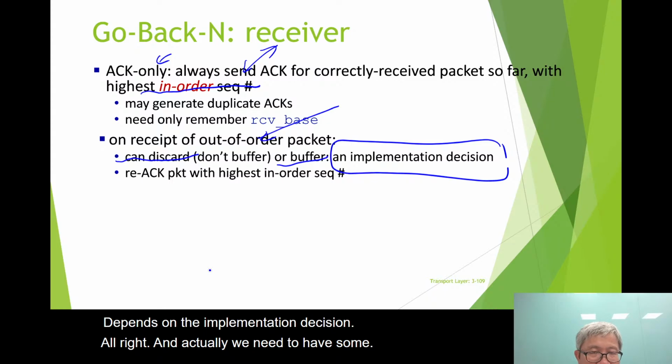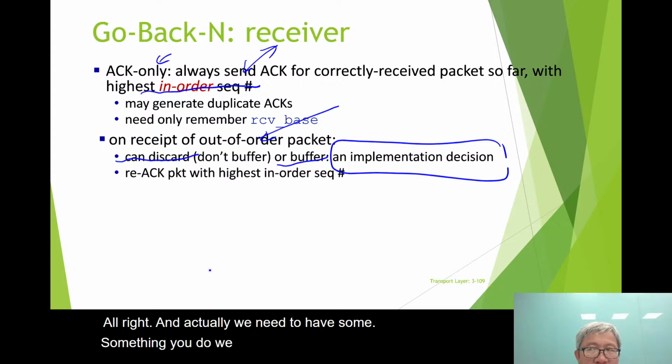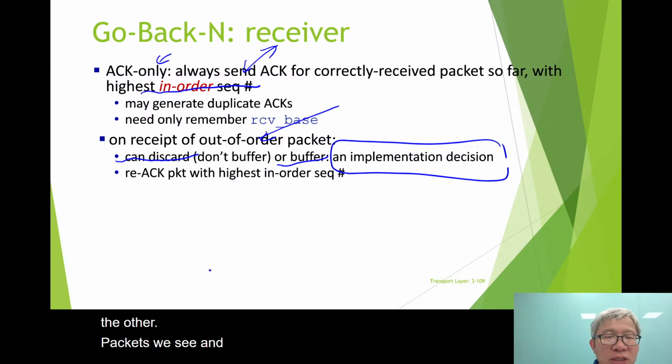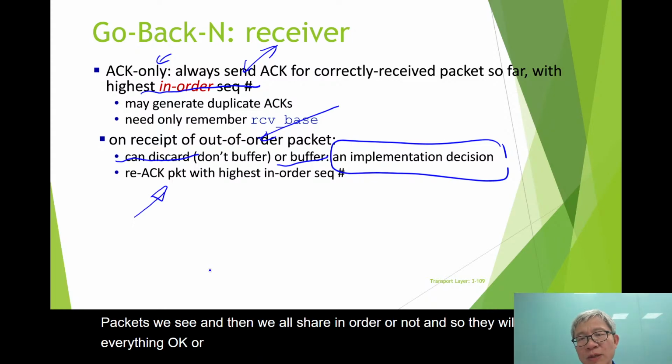We keep it, wait for the other packets, and then check whether they are in order and everything is okay. At some point we have a timeout, and then we need to go back.